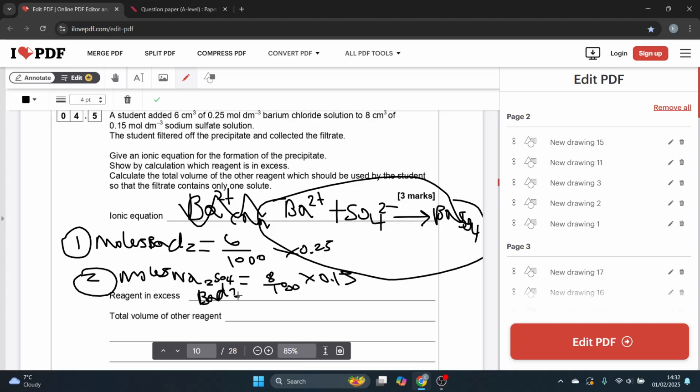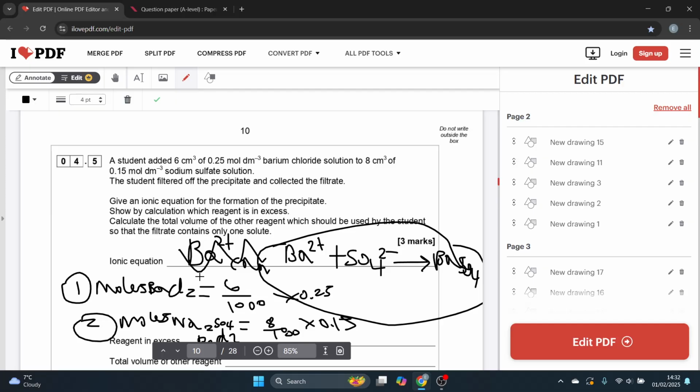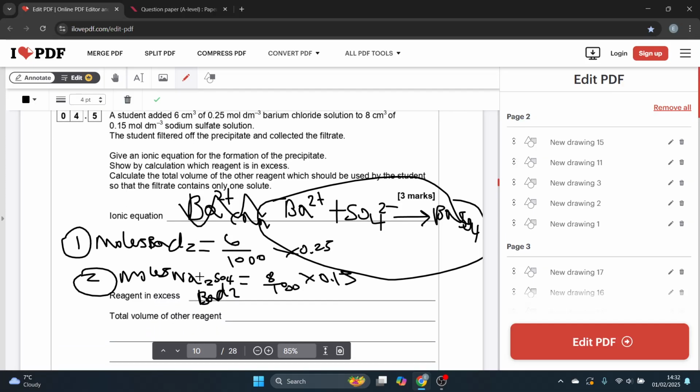Then it says calculate the total volume of other reagent which should be used so the filtrate contains only one solute.